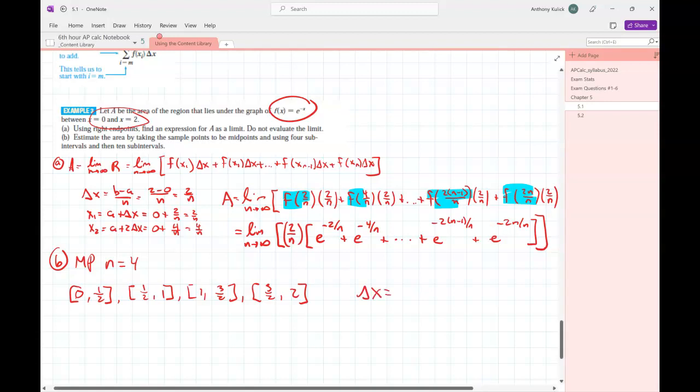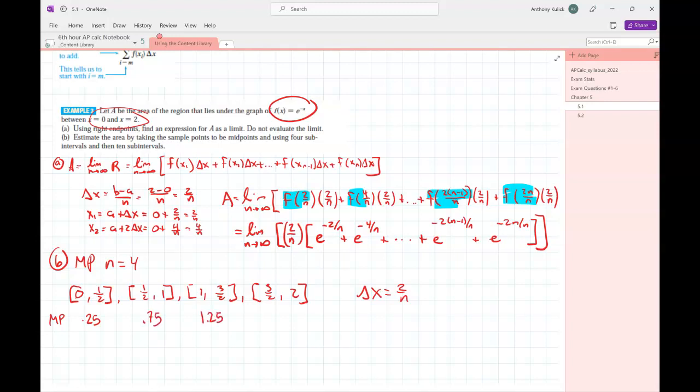My delta x is still 2 over n, right? So the first midpoint would be 0.25. The second midpoint would be 0.75. The third would be 1.25. And the fourth midpoint would be 1.75. Everybody agree with that?